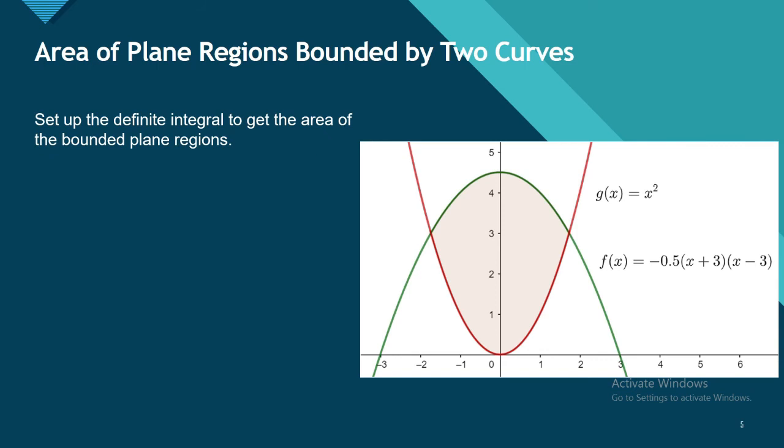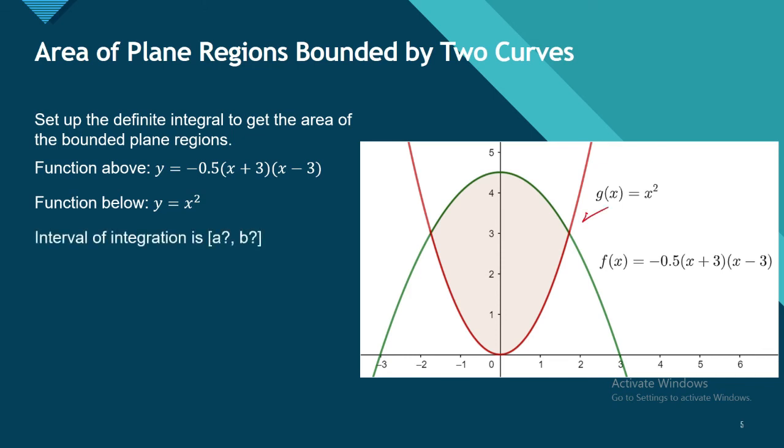That function is the green curve, and it is the graph of this function: f of x is equal to negative 0.5 times (x plus 3) times (x minus 3). The function that bounds our plane region below is this one: y is equal to x squared.